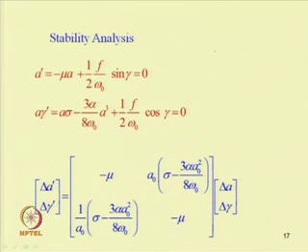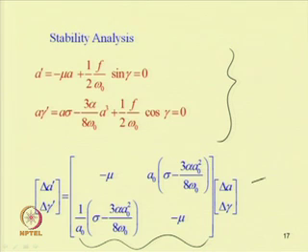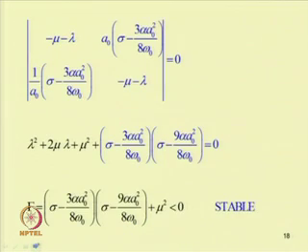Before that, we have already discussed the stability analysis of the system. The stability analysis can be carried out by perturbing these equations, and this is the Jacobian matrix. By finding the eigenvalues of the Jacobian matrix, one can find the stability of the system. In this Jacobian matrix one can obtain this equation.